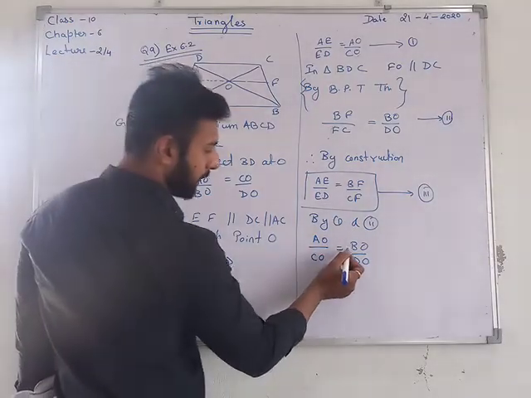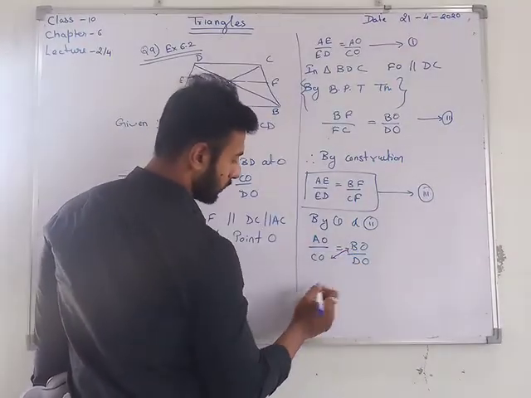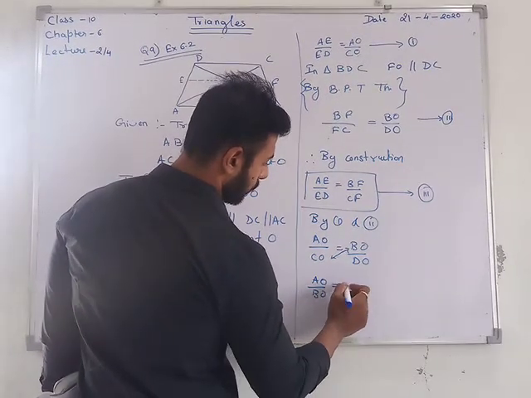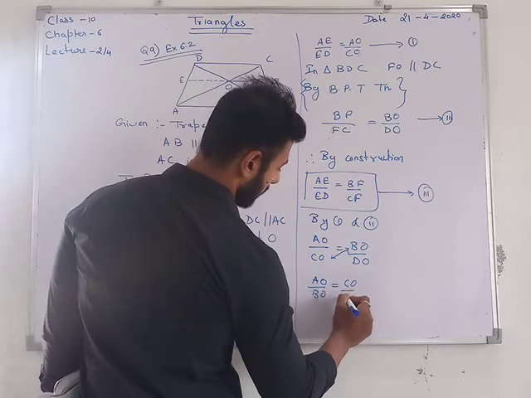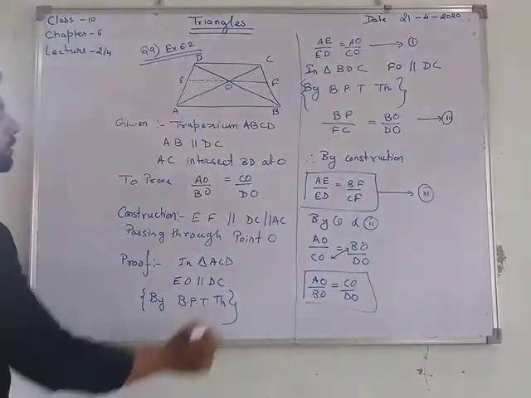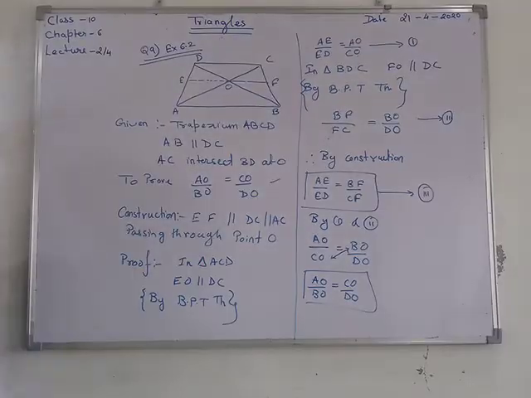Now interchanging the place of these two, AO upon BO is equal to CO upon DO. This is what we had to prove, which we proved. So I hope you got the idea how we have to solve this.